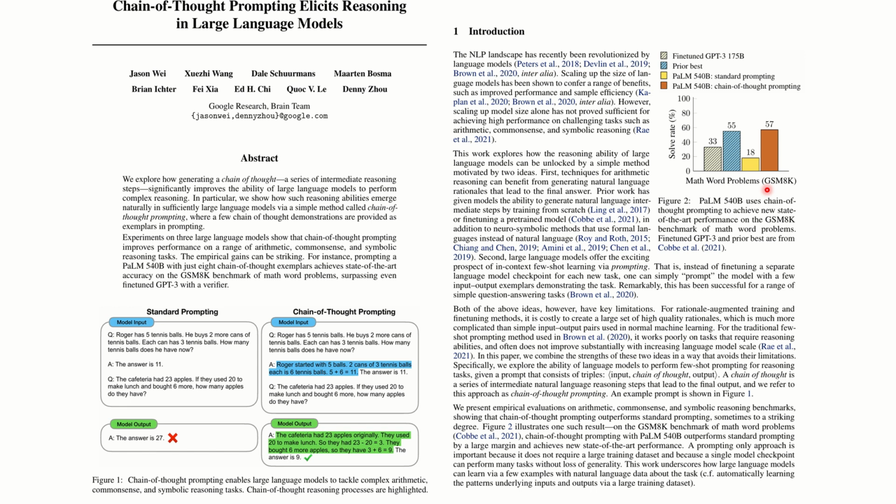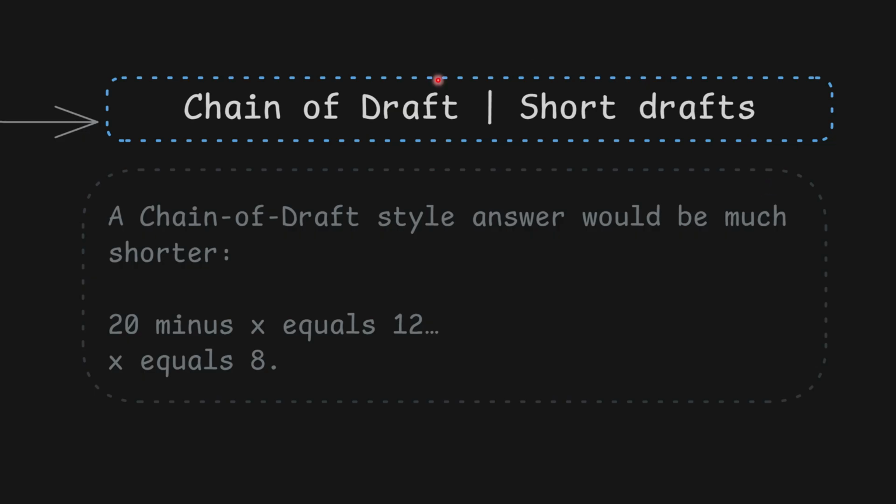Now, let us move to something even more interesting, chain of draft, CoD. This is a new one introduced in a 2025 paper called Chain of Draft: Thinking Faster by Writing Less. And the idea is simple but powerful. Instead of writing long, detailed reasoning, the model writes only short intermediate drafts, just enough to capture the key logic, basically, like a human's rough work.